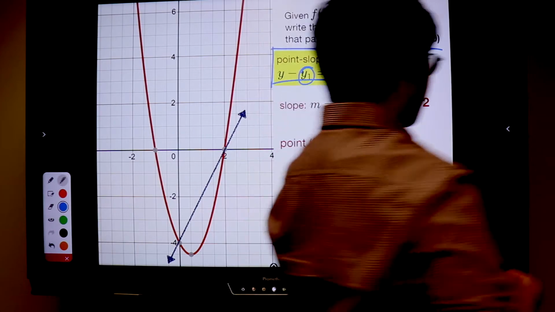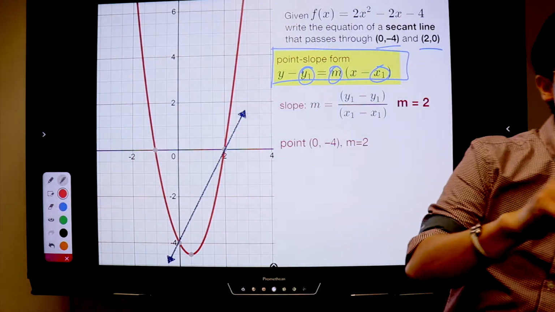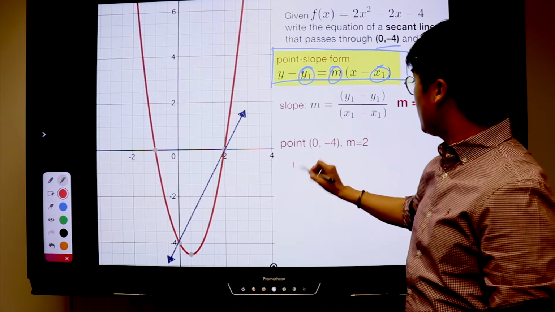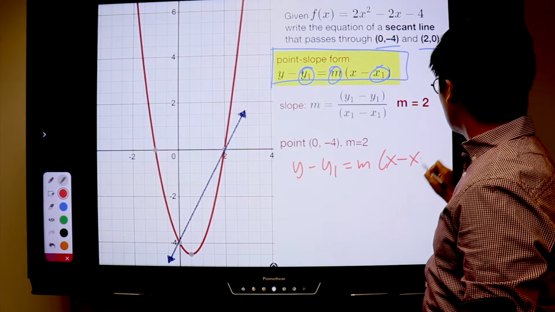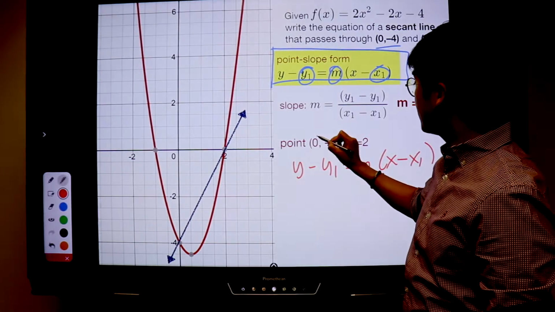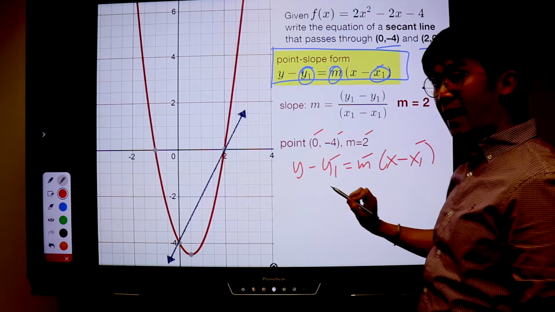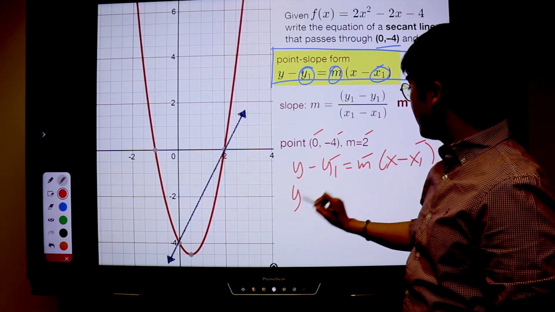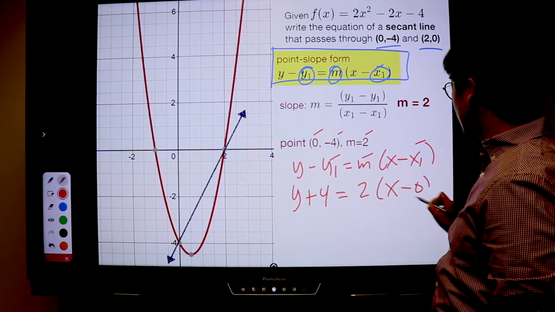So finding the equation of the secant line is as simple as plugging in the value of the point and the slope. So this is the equation, y minus y1 equals m times x minus x1. All you need to do is to replace this with this, and that. So the equation is going to be y plus 4 equals 2 times x minus 0.